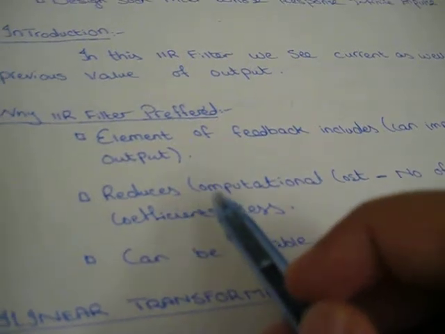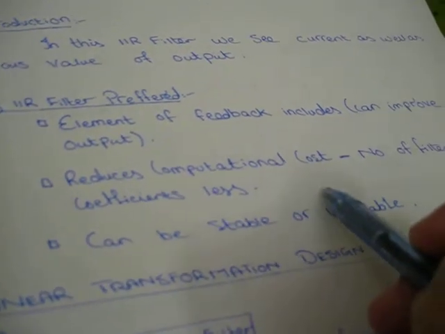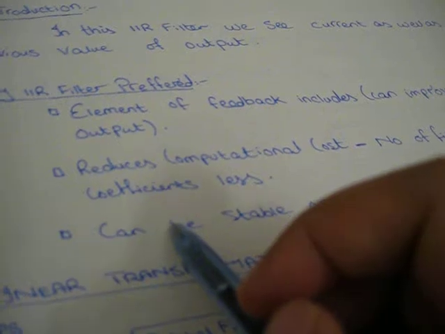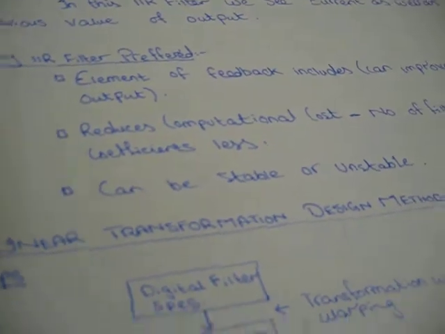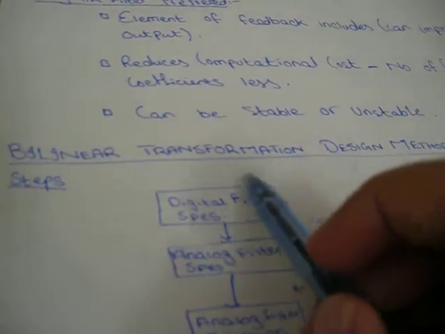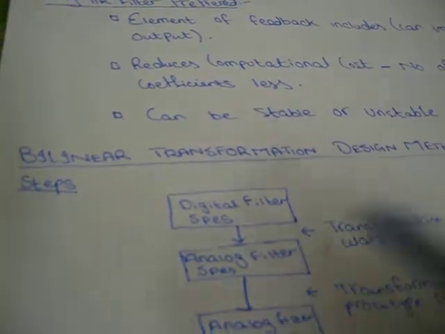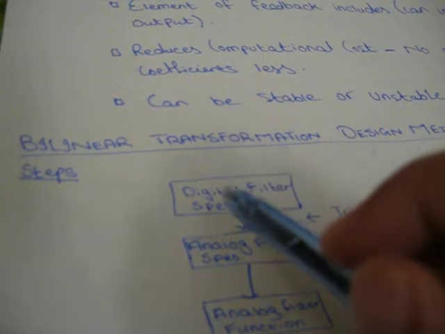Second point: it reduces computational cost because the number of filter coefficients is less, and it can be stable or unstable.